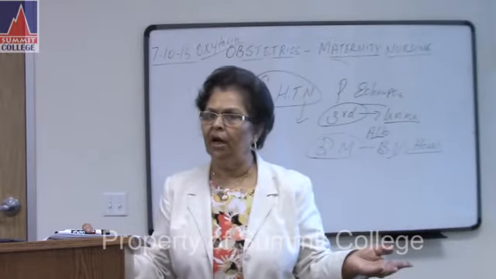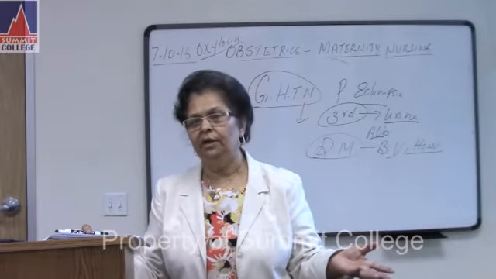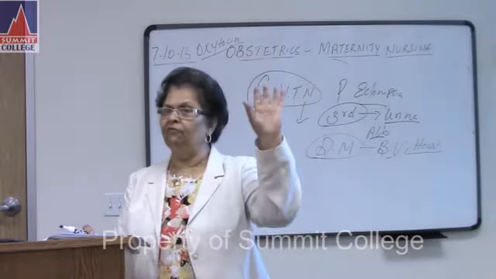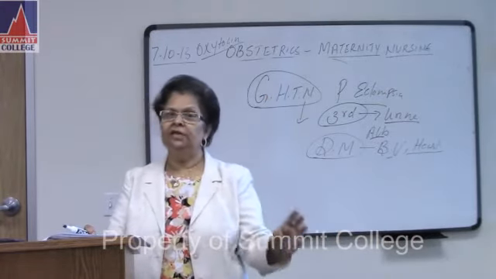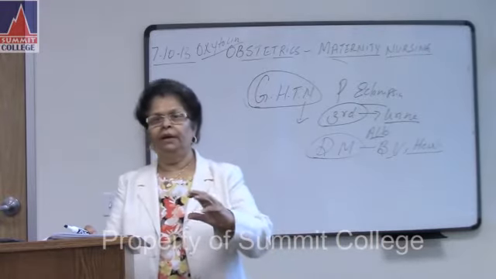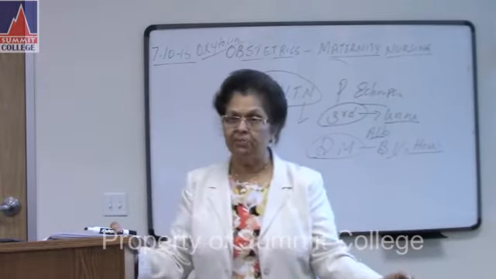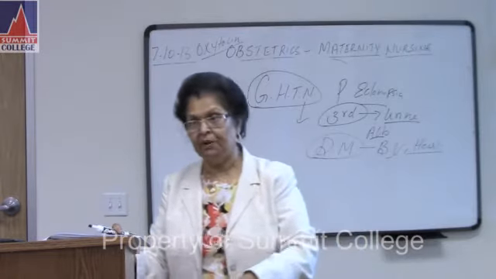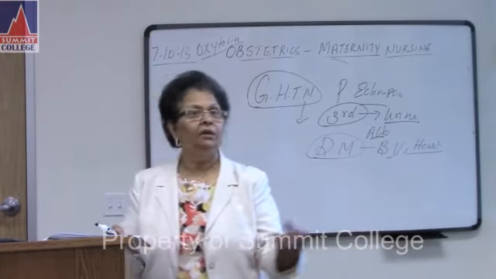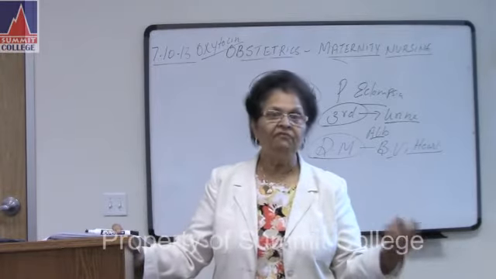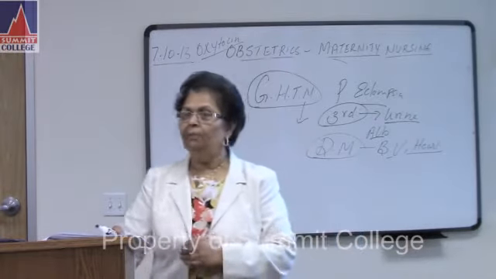So very important, four answers here. Which mothers will you monitor for gestational hypertension or preeclampsia? Teenage pregnancy, older age pregnancy, a mother with a renal problem, a mother who is diabetic, and family history.